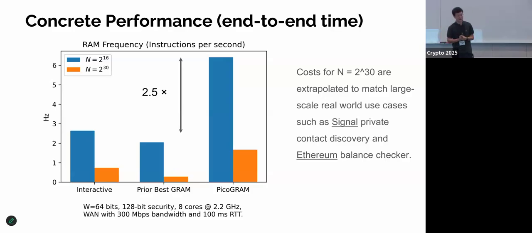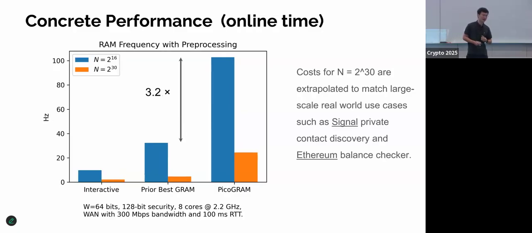Okay, finally, for the concrete performance, we achieve about a 2.5x improvement over prior work if you count the end-to-end time. For memory size 2 to the 16, we achieve RAM with about 6 instructions per second. If the RAM becomes larger, like 2 to the 30, which matches interesting real-world use cases like Signal's private contact discovery and the Ethereum balance tracker, the frequency drops to about 1 point something instructions per second.